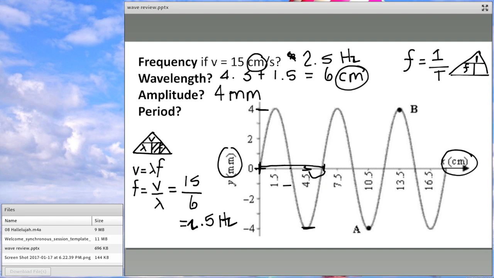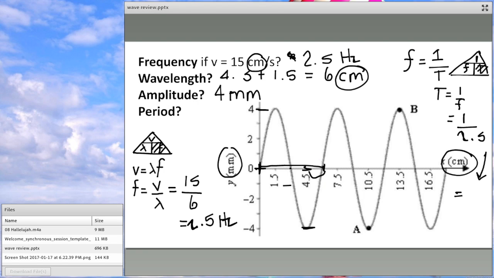I'm just going to make a 1 like that, and then a T, and I want to find T. So I'm going to do T is equal to 1 over F. So I just found out my frequency was 2.5, so I'm going to do 1 divided by 2.5. And I'm probably going to get a small number. I'm going to continue it down here.